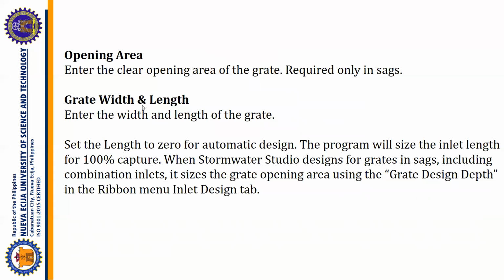Grate width and length: enter the width and length of the grate. Set the length to zero for automatic design. The program will size the inlet for 100% capture when Stormwater Studio designs for the grate in sags, including combination inlets. It sizes the grate opening area using the grate design depth in the ribbon menu inlet tab.